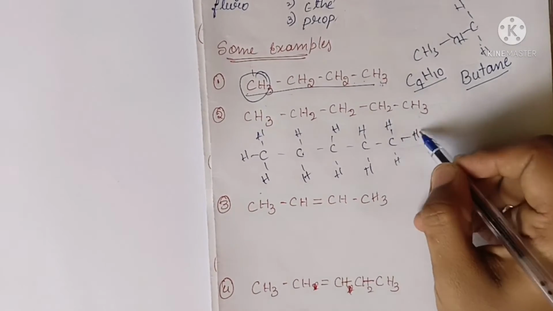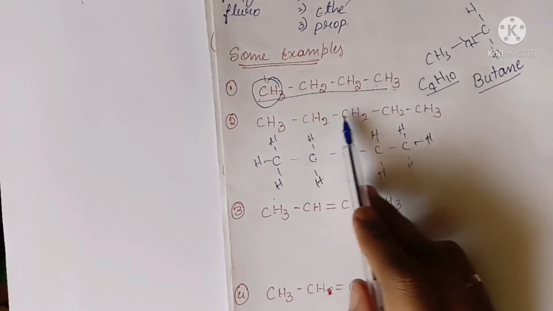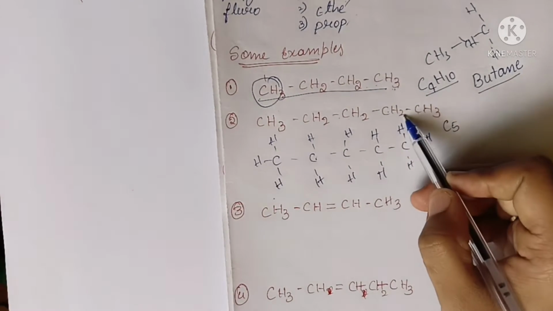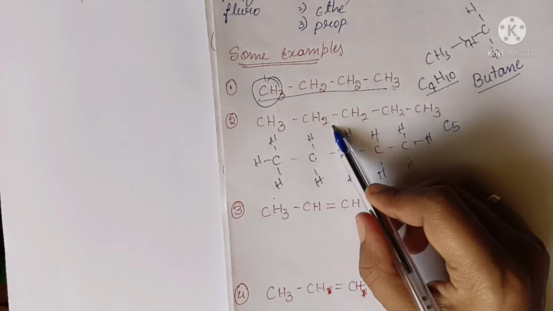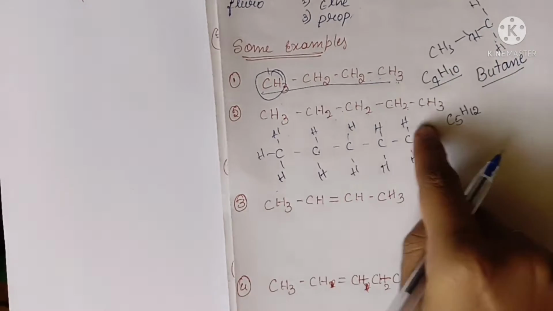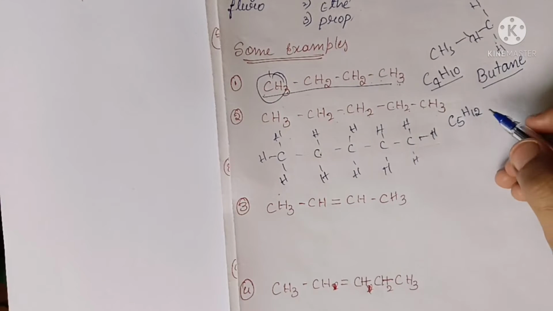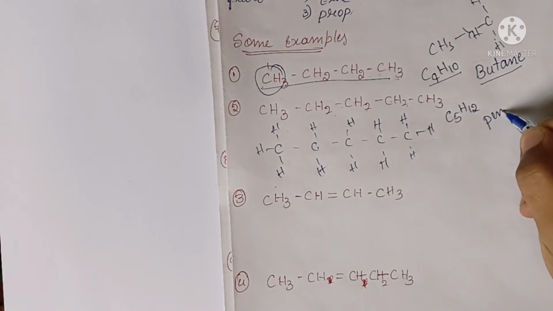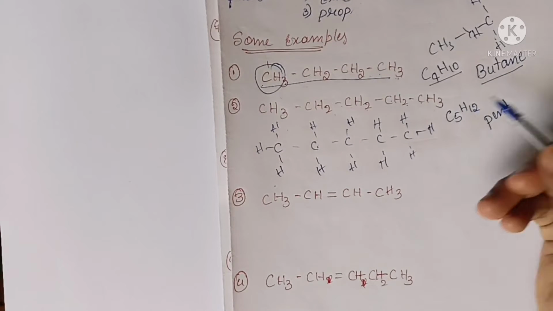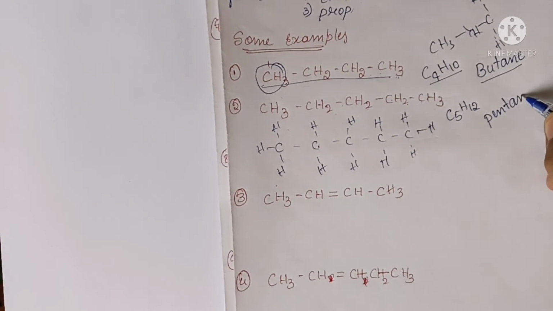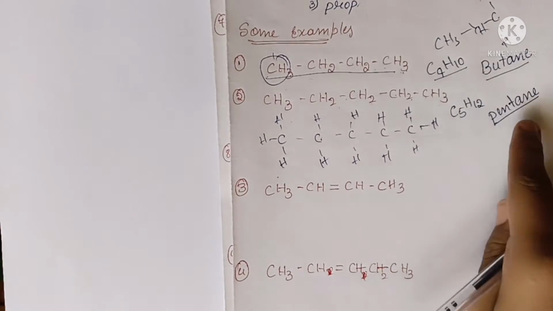How to name this one? 1, 2, 3, 4, 5 carbons, so C5, and the hydrogens add up to H12. Five carbons we name as pent. There is no double or triple bond here, so pentane.